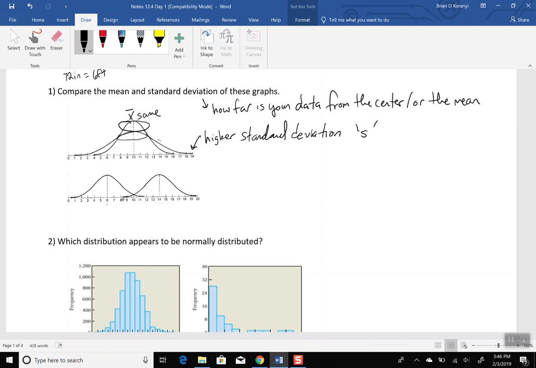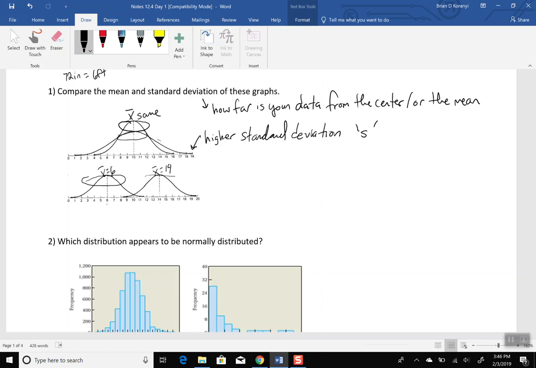In this graph right here, their means are different. The average for this one is 6. The average for this one is 14. But we can see that their deviations are the same. So if I want this much data, just circling it, I only have to go, say, 3 spaces that way, 3 spaces that way.